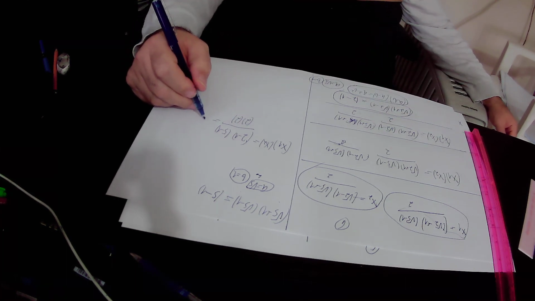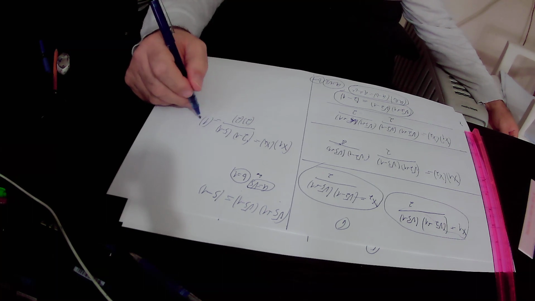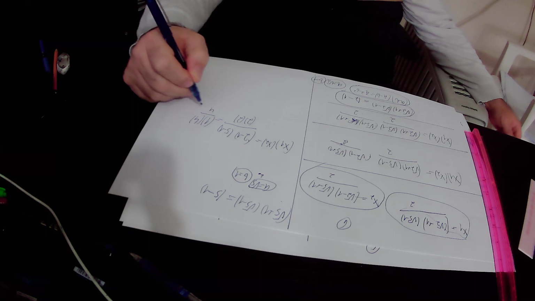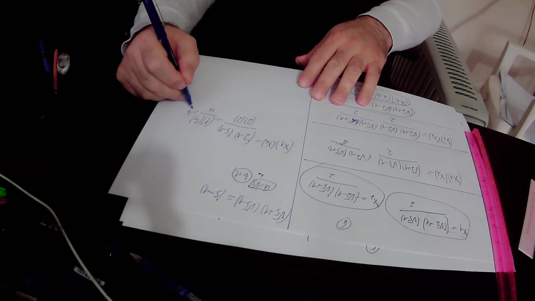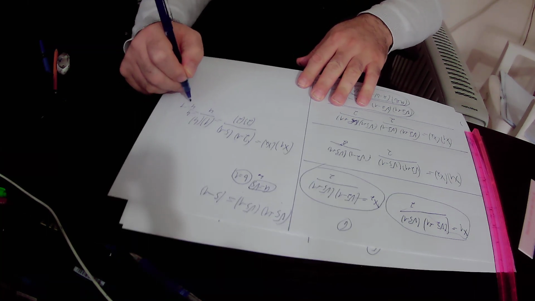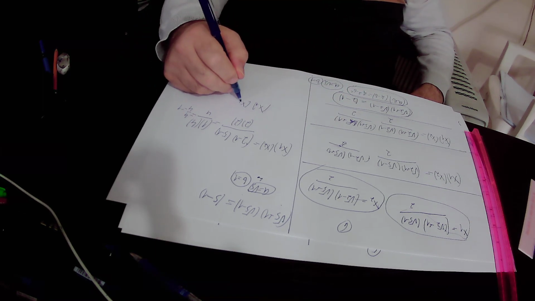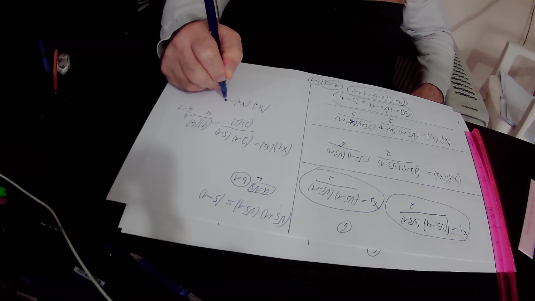So here 2 minus 1 is 1, 5 minus 1 is 4, and 2 times 2 is 4, 1 times 4 is 4, and 4 over 4 is 1. So we actually found out that x1 times x2 equals 1.